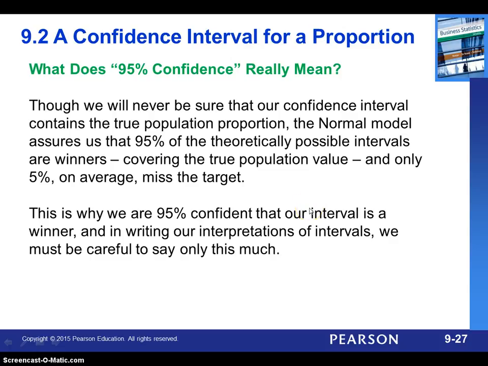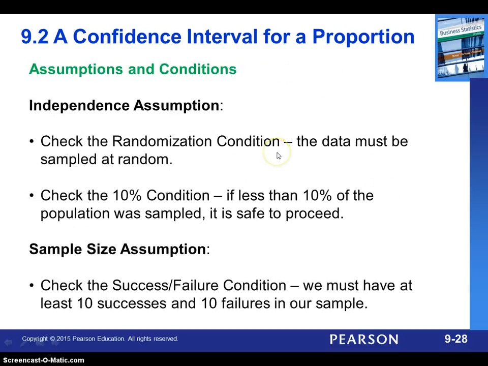So we can never be sure that our confidence interval contains the true population proportion. But again, with the normal model and with taking enough samples and being random, we can start to say things like we're 95% confident that the true proportion, although we can't get it, is going to be between our two numbers.